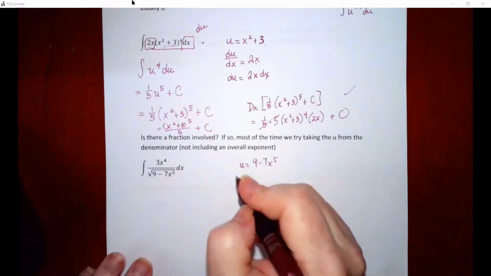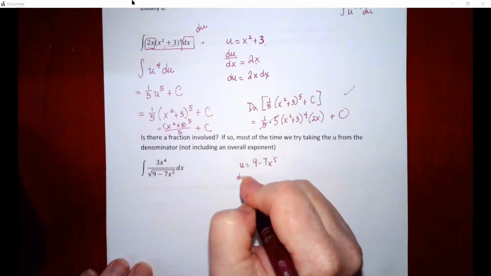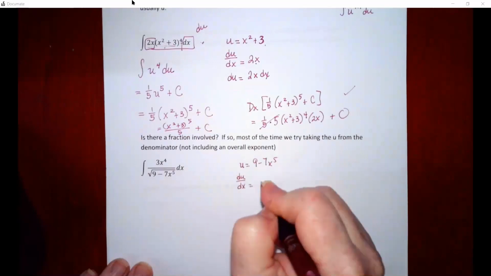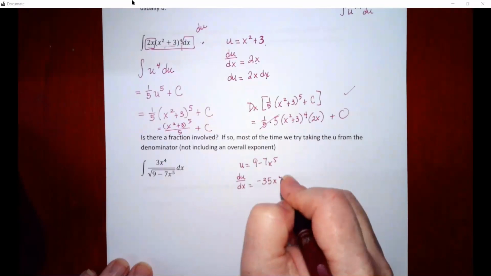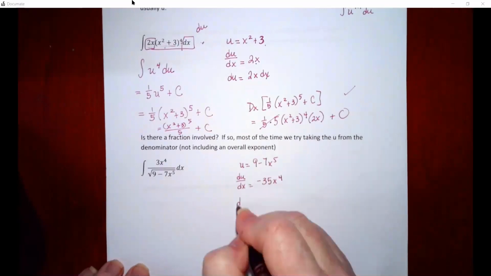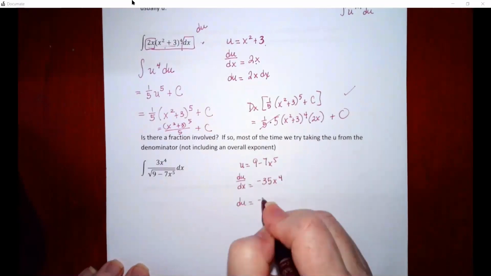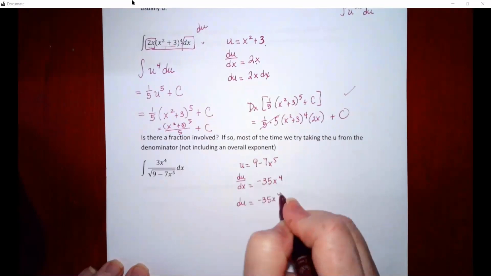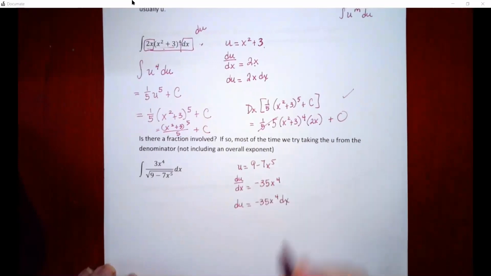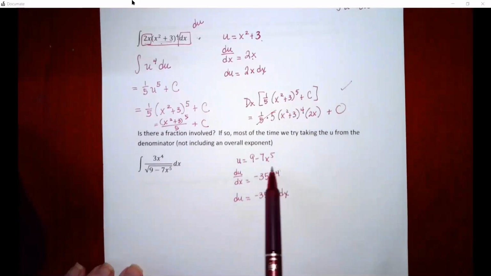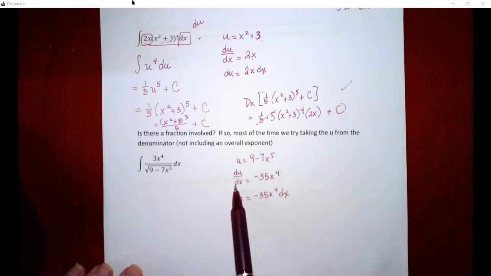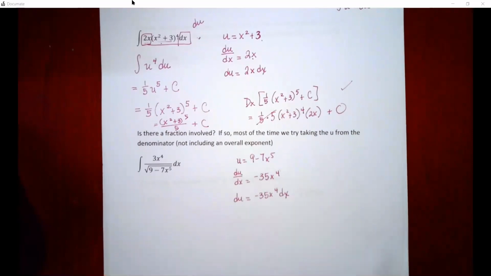And go from there. So we would have du dx would be negative 35x to the 4th, or du is negative 35x to the 4th dx. Now, most of the time after today, I won't typically write in this middle step, but this is just a reminder of where we're getting du. And here, it depends on who your Calculus 1 teacher was what you do next.